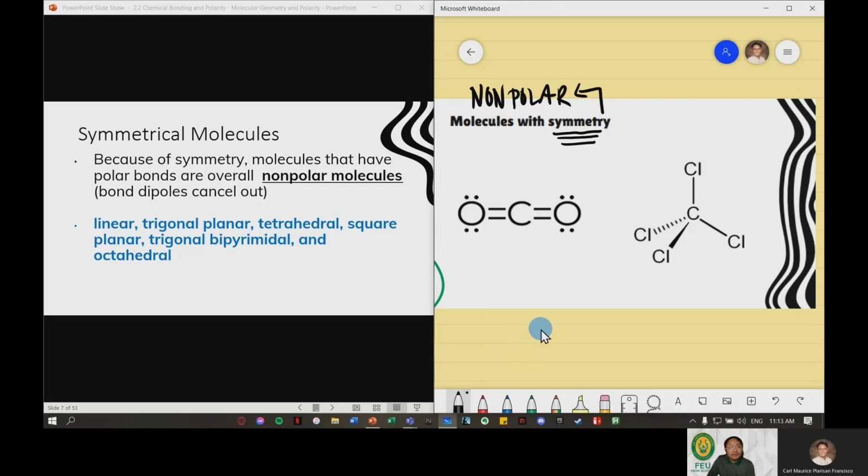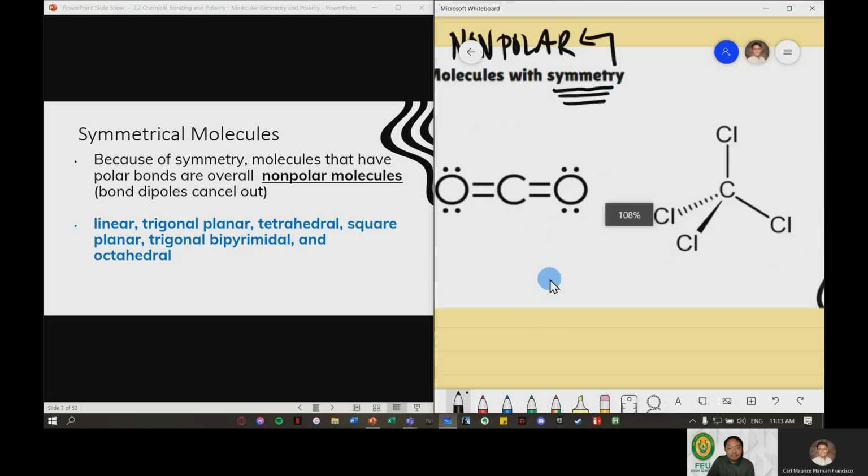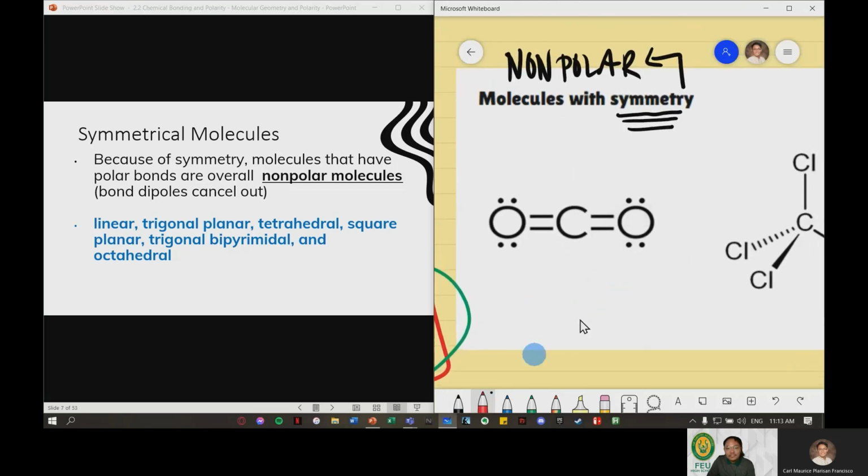Let me give you an example on how to determine symmetry. Now, since we define symmetry as the equal distribution of atoms, we can identify symmetry via a symmetry test. You do the symmetry test by drawing a broken line or a line test in the middle of the molecule. Dahil binigyan nating definition na ang symmetry ay pantay na distribution ng mga atom, tignan ang kaliwat kanan na side ng carbon dioxide.